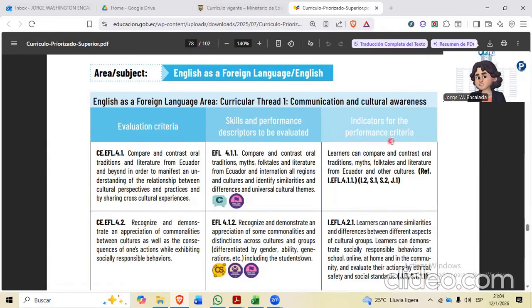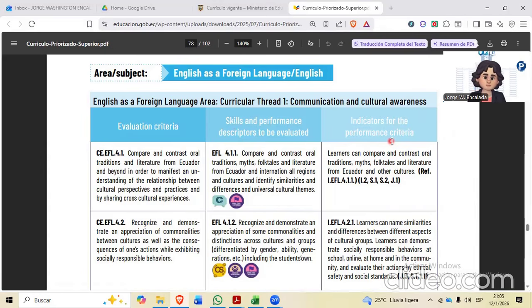And finally, we have the indicator for performance criteria. The key with the indicator is that it's the tangible piece of evidence that our students know or are already there. This is really specific. You can look at the indicator for the performance criteria as a success indicator.